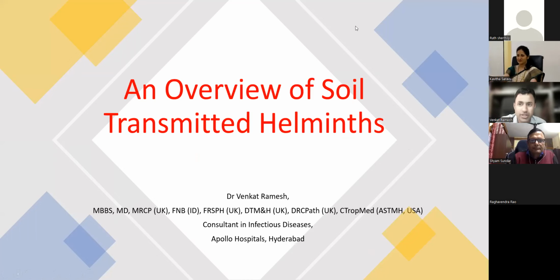So it's not included in the Mass Drug Administration program for soil-transmitted helminths control. That's something the WHO has now reinforced since 2021: ivermectin is available, and Strongyloides is included in the STH programs.